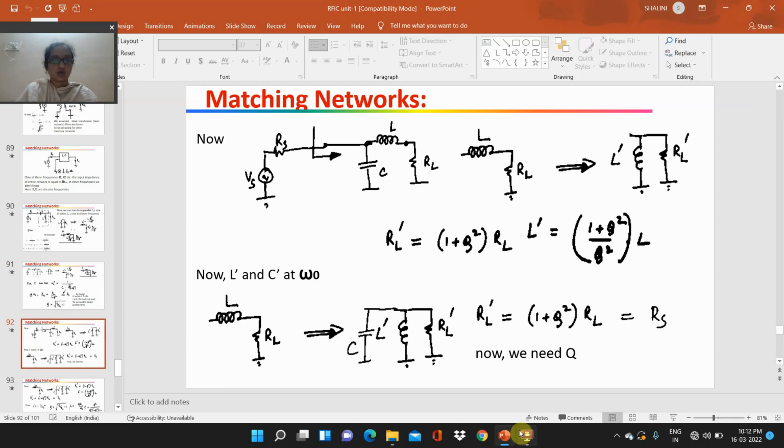Okay, so now another matching circuit is there. We can design these matching networks in various shapes, where L and C are connected in series or parallel, with L section, T section and pi section.